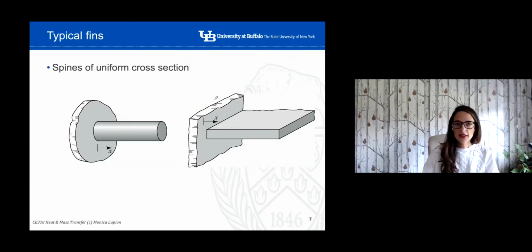We can find fins with many different geometries. In this course, we're going to assume, just for simplification purposes, that we have uniform cross sections, but in reality, you can find many different geometries. As long as it is an extended surface, it could be considered a fin as well.